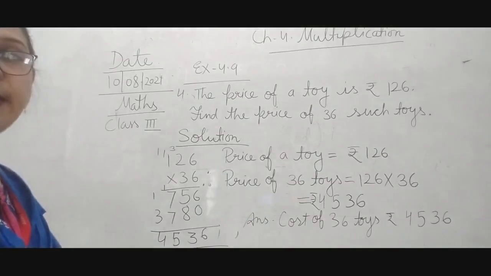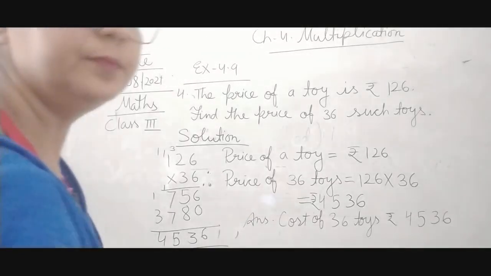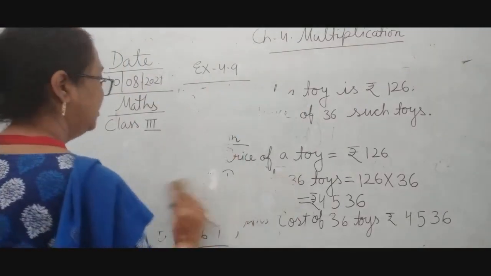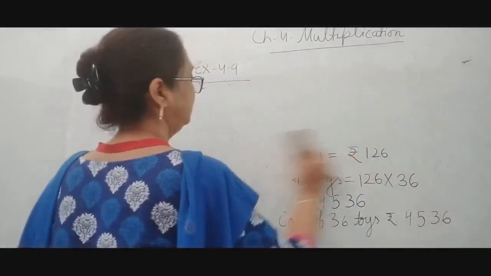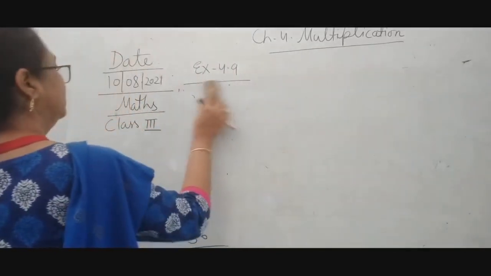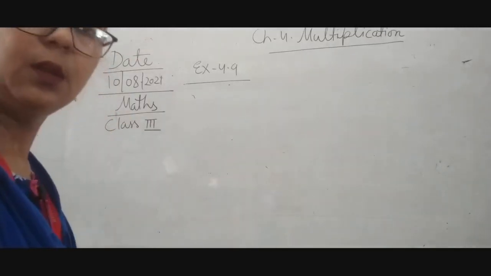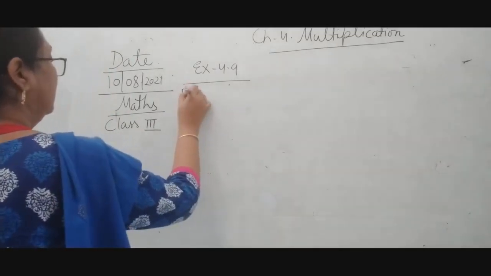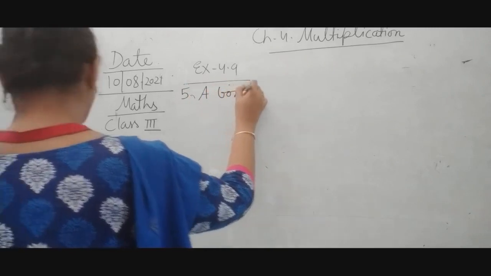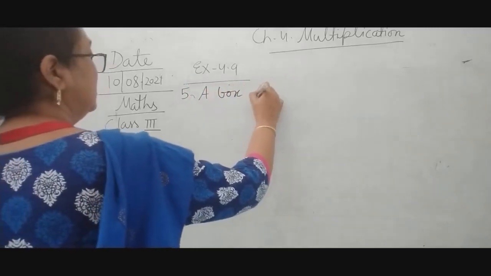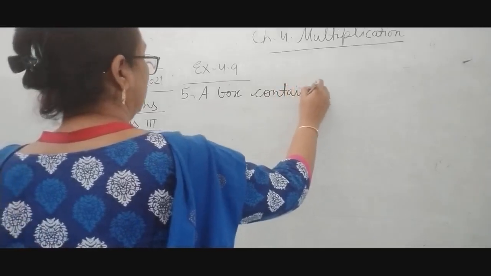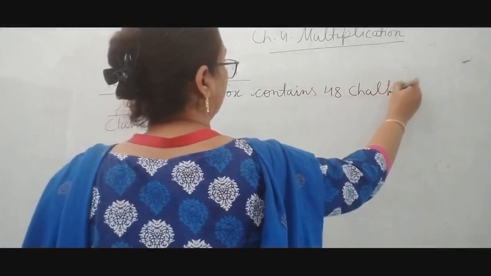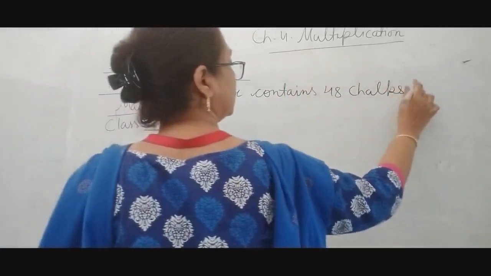Now we are going to write the next one, number 5. Number 5 we are going to write, children. Number 5 is: a box contains 48 chalk sticks.